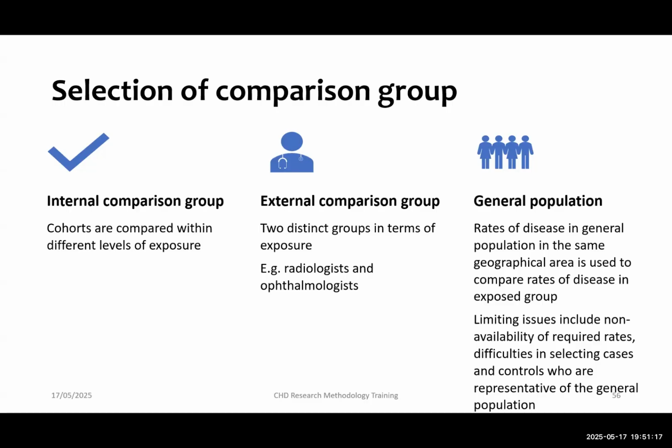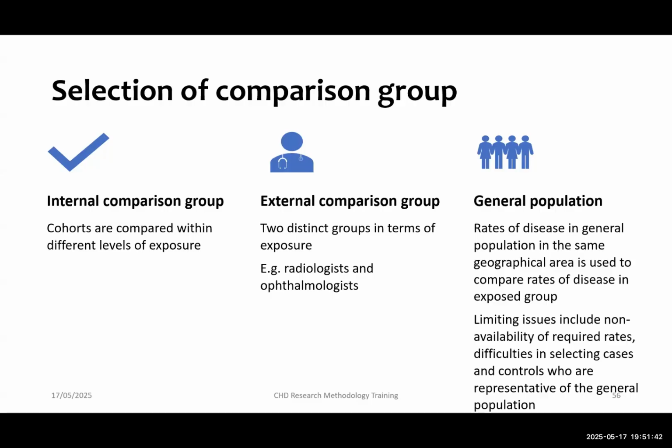Then you have an external comparison group, where the two groups are mutually exclusive. So maybe you're doing a study in a hospital and it has to do with x-rays. You want to compare radiologists who work with the x-ray with ophthalmologists who don't, or general surgeons who are not exposed to the x-ray.